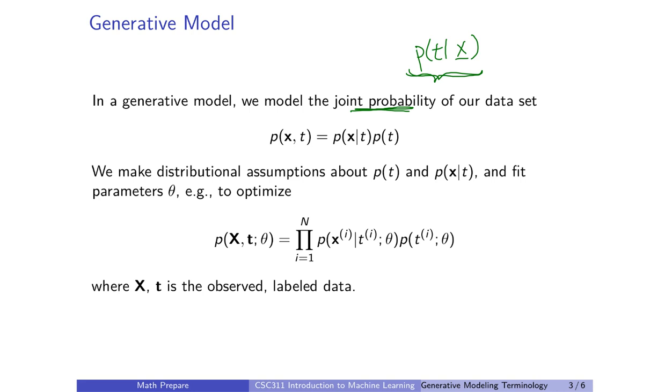So you might actually get a distribution for this quantity directly as an output of a neural network. In a generative model, we're going to make some distributional assumptions about the probability over the t's, maybe a categorical distribution, and also the probability of x given t. Maybe this is a Gaussian. Maybe we use the naive Bayes assumption, and so on.